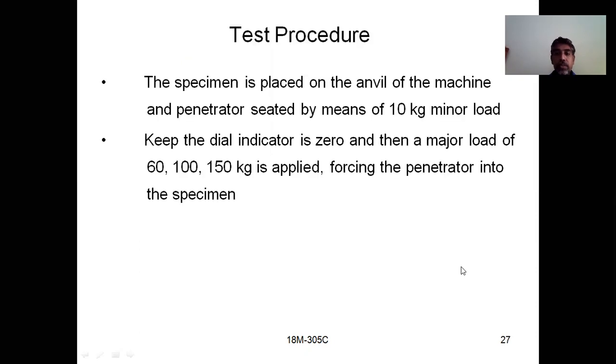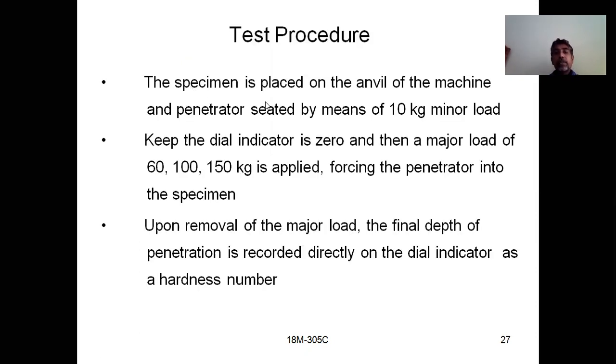So what is the test procedure? I will show you. The specimen is placed on the anvil of the machine and the penetrator is seated by means of a 10 kg minor load. First, we have to remove any unwanted grease or dirt. Even if you clean it, some portion of grease, dirt or oil may be present.